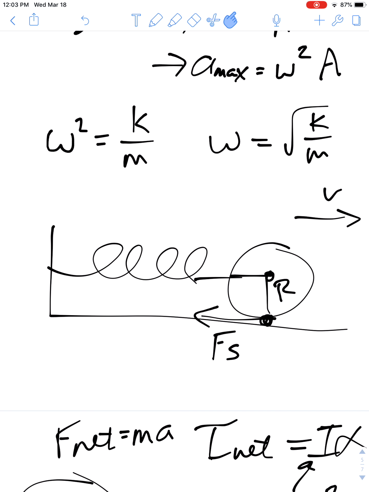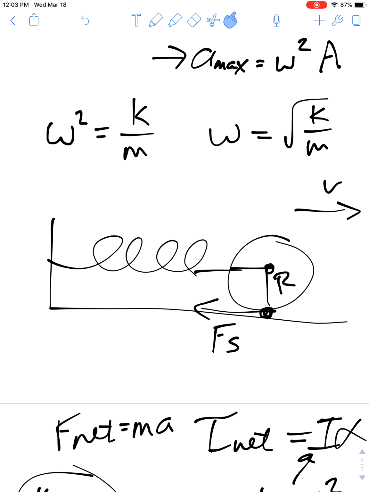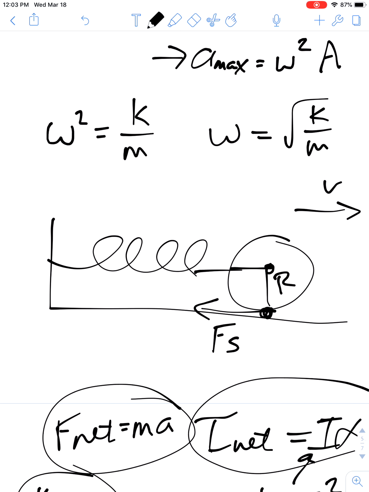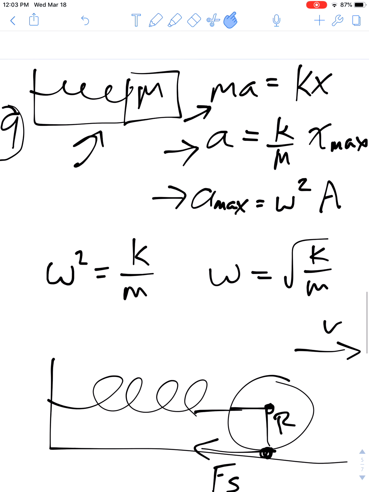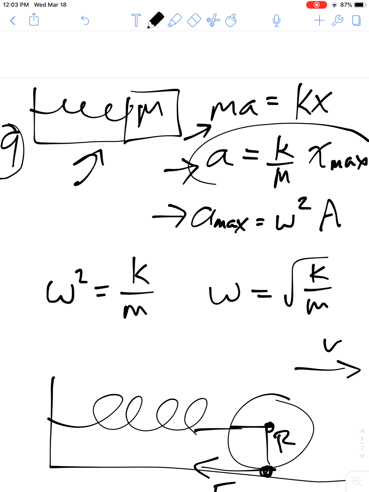In other words, I'm going to draw a free body diagram, and I'm going to do a net force equation with F net equals ma right here, and I'm going to do a net torque equation, net torque equals I alpha.